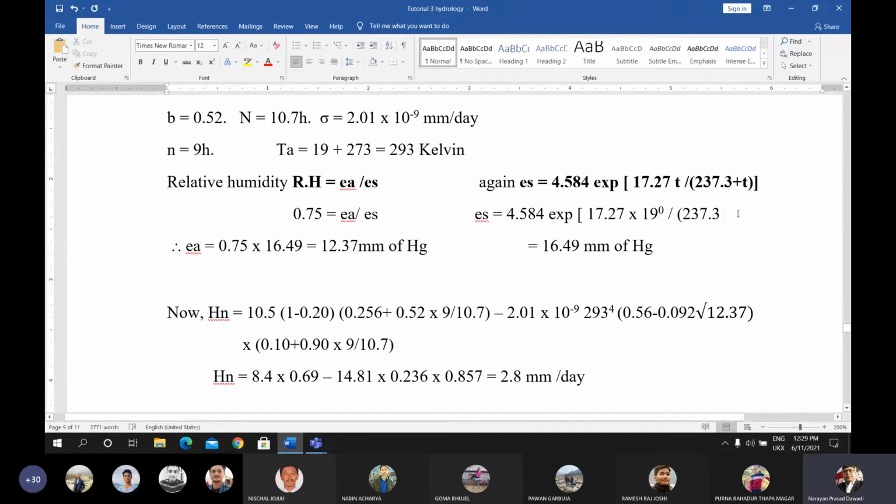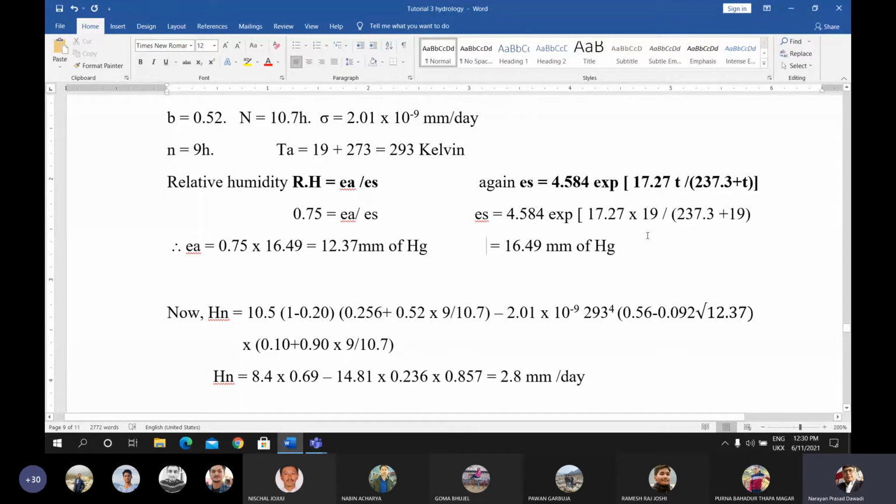After solving this equation, you will get the ES value as 16.49 mm of Hg.